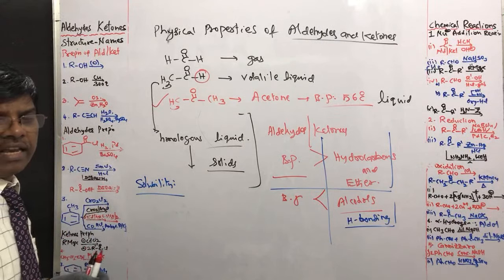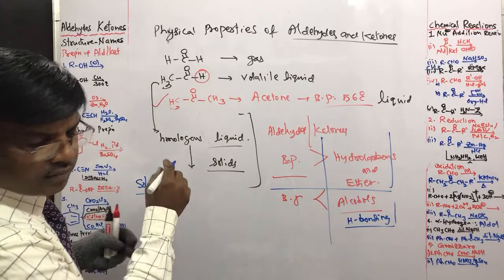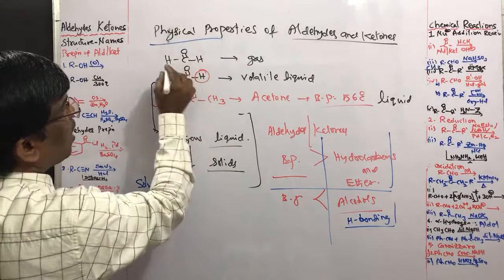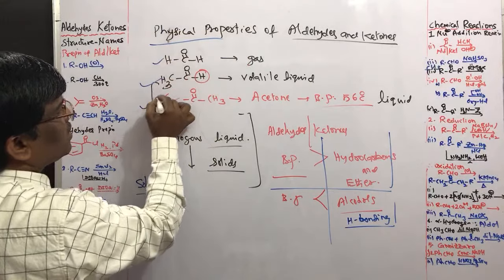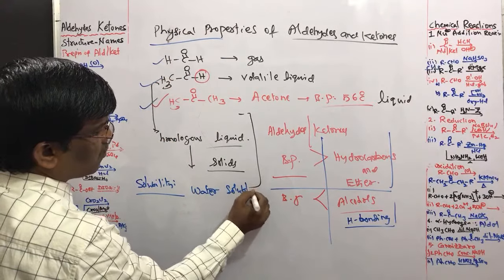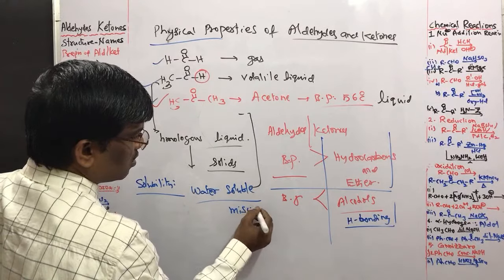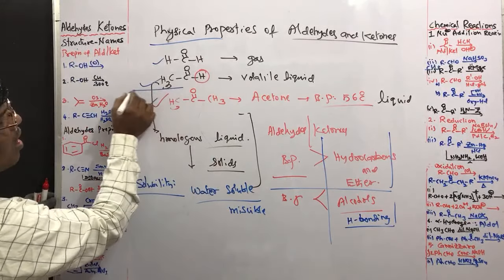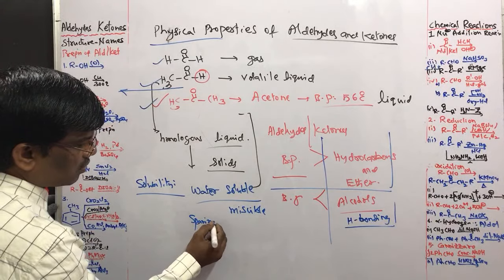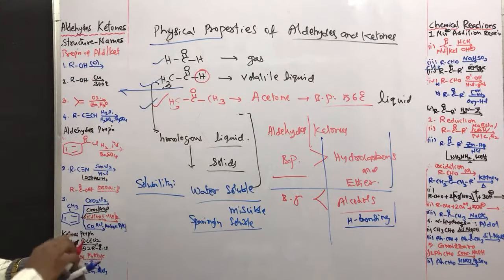And when it comes to solubility, yes students, any guess? When it comes to solubility, formaldehyde, acetaldehyde, acetone are water soluble. So lower compounds are 100% water soluble, means miscible with water. When the chain length increases, they are sparingly soluble or immiscible.